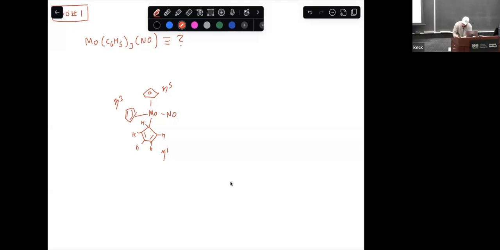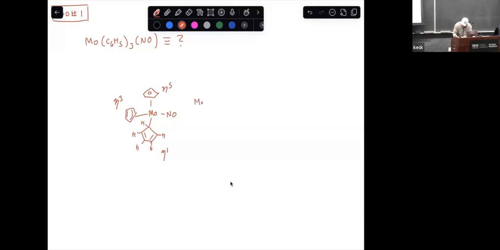If you consider the metal as D6, and each ligand will donate 1 electron, 3 electrons, and 5 electrons. Okay, so you're saying molybdenum 0 is D6.